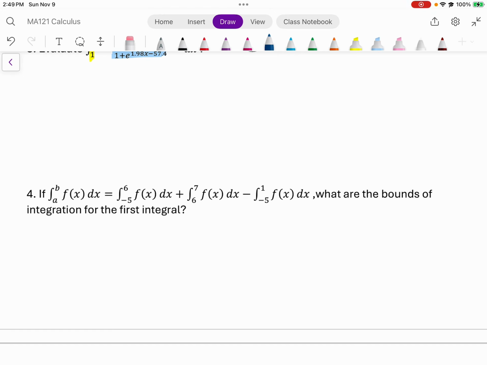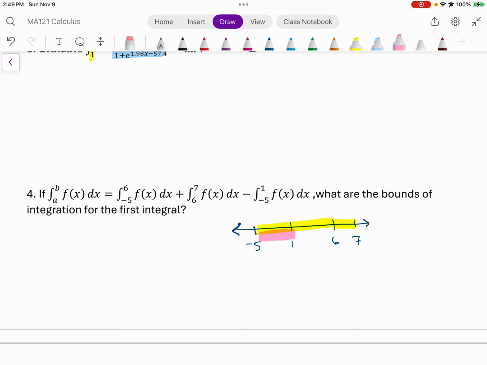Okay, so hopefully you tried that. And in this one, we've got a -5, and we've got a 1, we've got a 6, and we've got a 7. So we've got -5 to 6, and then we're adding that to 6 to 7, and then we're subtracting from -5 to 1.